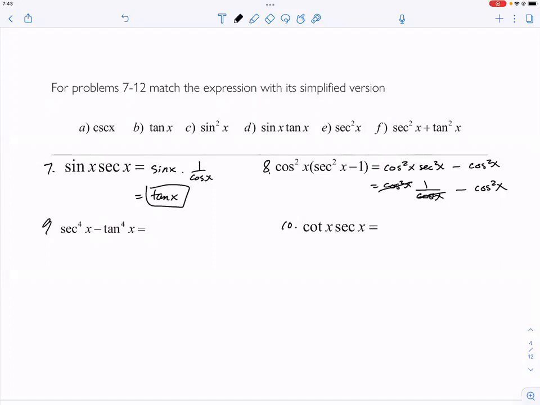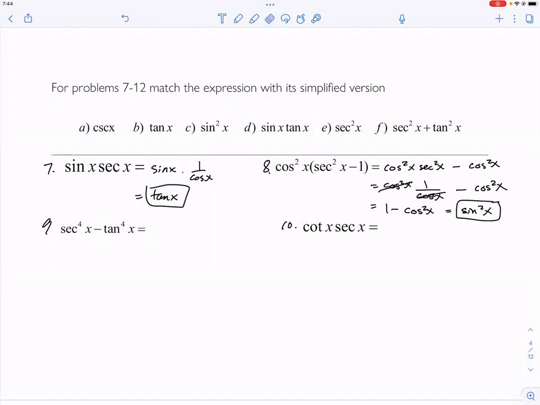Well, I think we just saw it last video, from the Pythagorean identity, right? 1 minus cosine square x is, ta-da, sine square x. So that will be answer choice C. All right, so that's one way to do it.